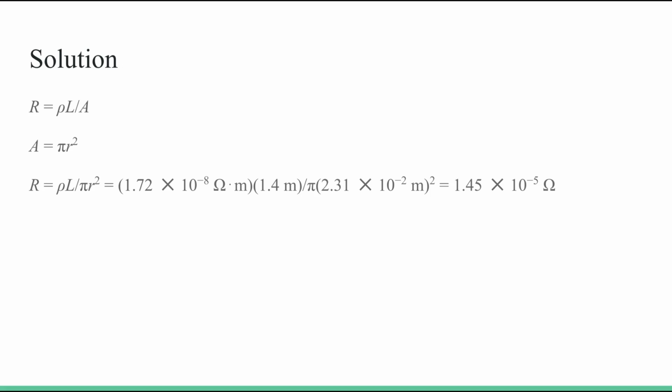You substitute in the numbers, and you get 1.45 times 10 to the negative 5 ohms. So very small resistance, very, very small. Only if you're doing very delicate experiments will this resistance actually affect you.